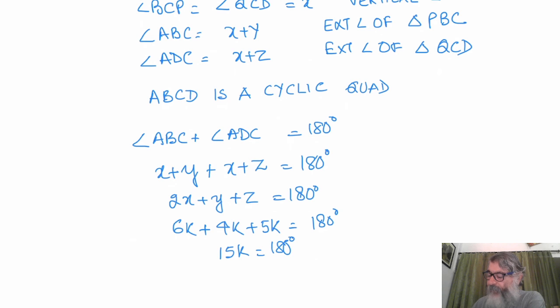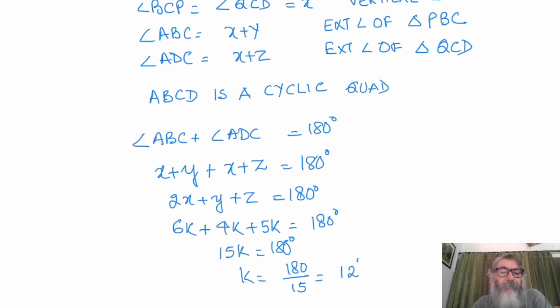So k will be 180 upon 15, that is 12. The value of k comes out to be 12.